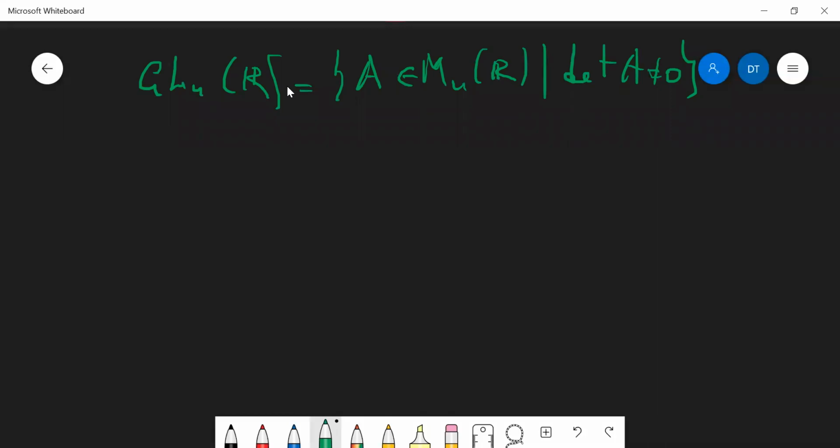The first question I want to ask: is it a group? The set of non-degenerate matrices with addition, is it a group? Is this thing a group or not?